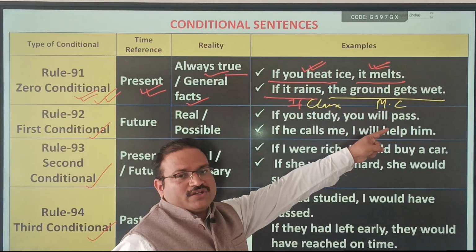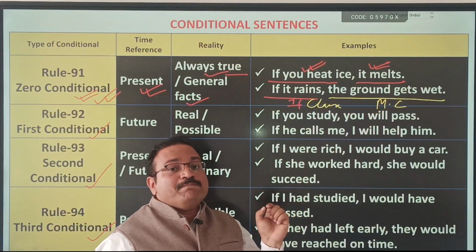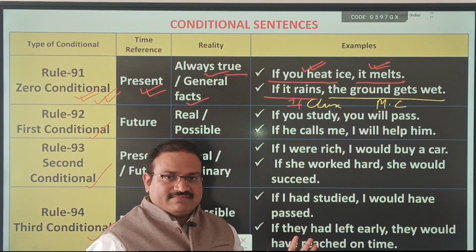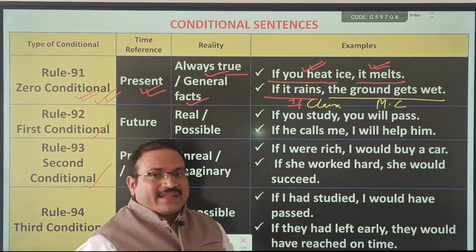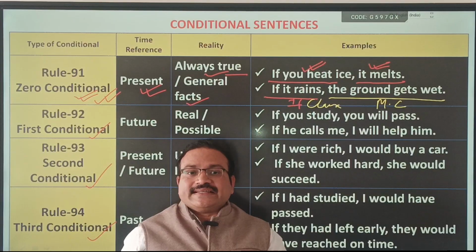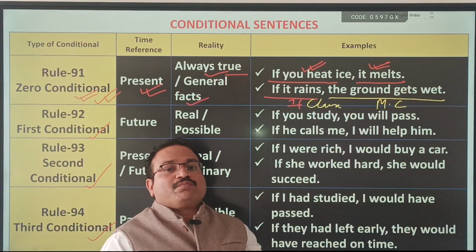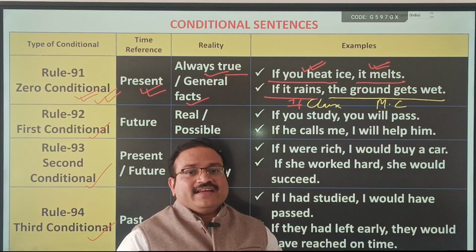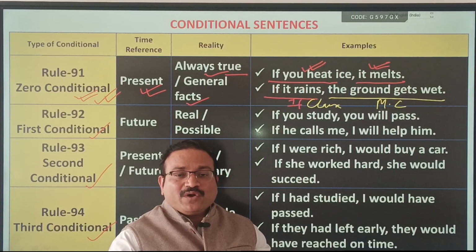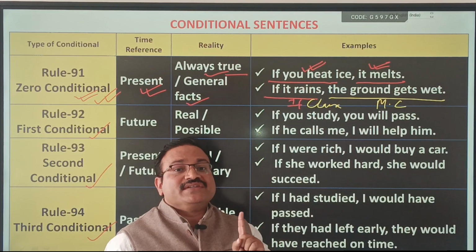Both the clauses, if clause and main clause, will be in present tense. So in summary, in zero conditional sentence, when it expresses truth, facts, or proven facts, then if clause and main clause both will be in present tense.